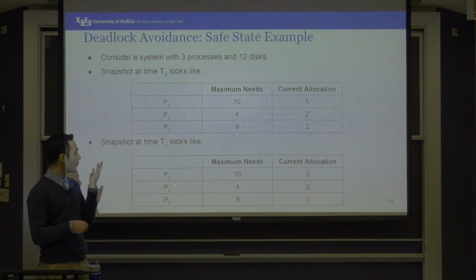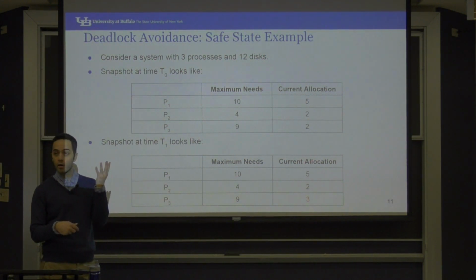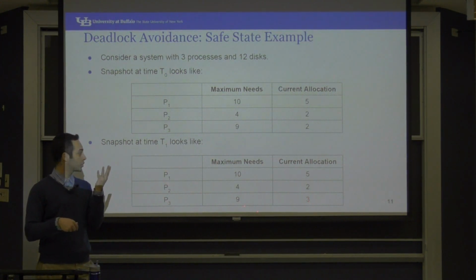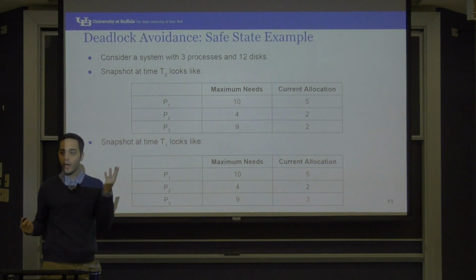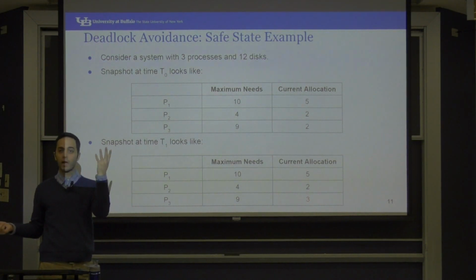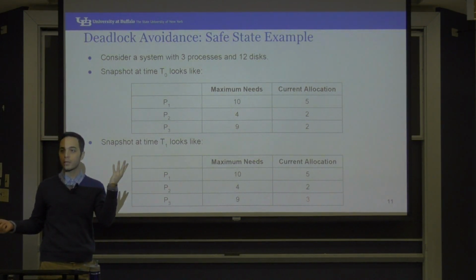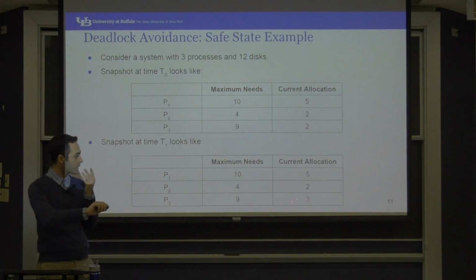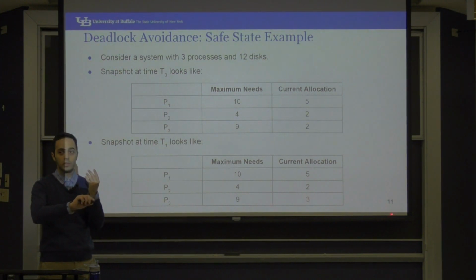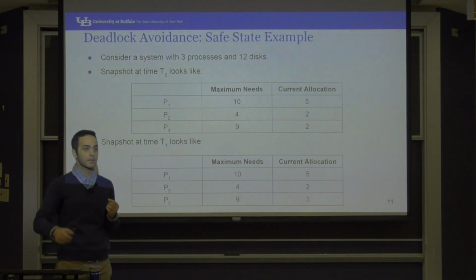But P1 may require 5. If we grant this one, and in the future P1 requests all 5, we won't have them. We only have 4. And then we'll have a deadlock. So by the time this request is made, the system should not allow this to happen and should wait for P2 to finish. Yes?